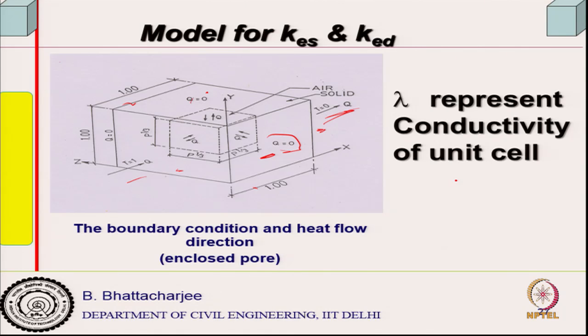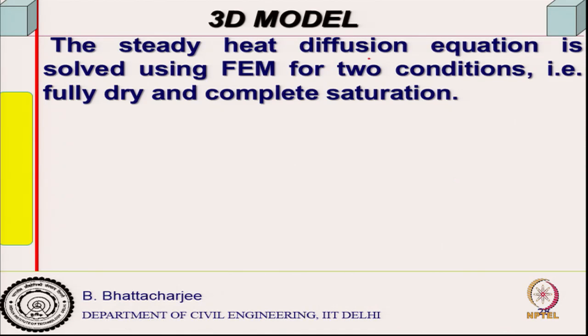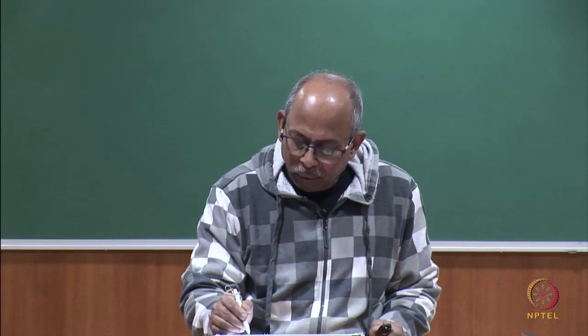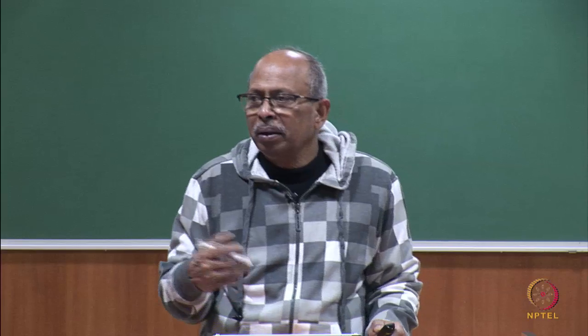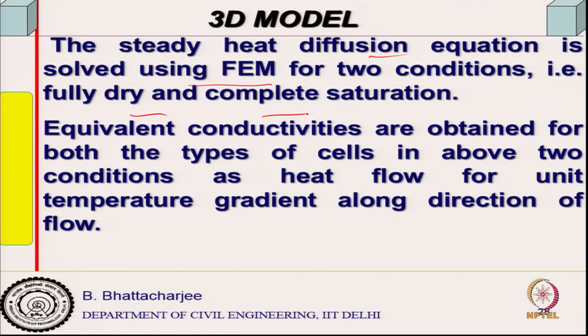This can be done by using a non-dimensional form of the heat transfer equation and solving it. We are not solving it here, but the steady heat diffusion equation is solved with finite element for two conditions, fully dry and complete saturation, so there is water all inside. Equivalent conductivities are obtained for both types of cells in the above two conditions, for unit temperature gradient along the direction of flow.